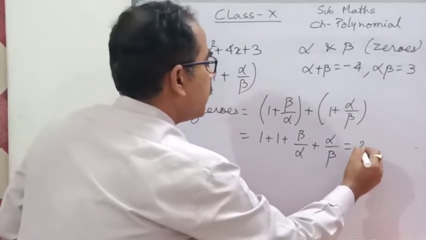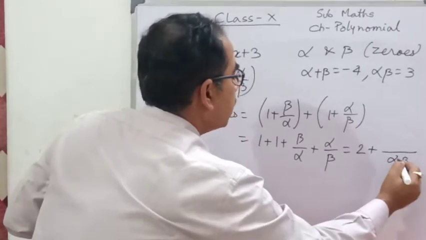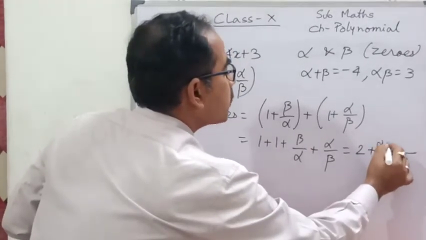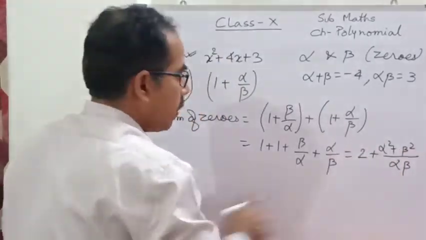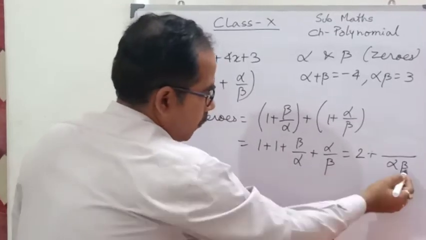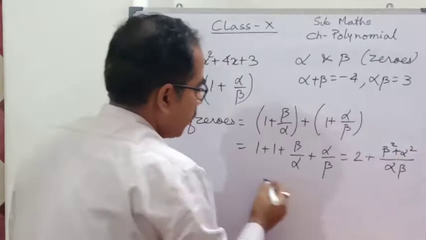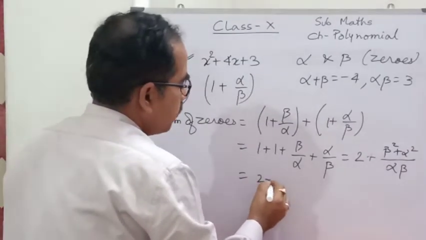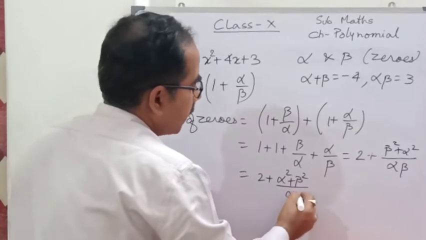If you take the LCM, here you are getting alpha beta, not alpha square beta square, so it is beta square plus alpha square. Directly you can say 2 plus alpha square plus beta square by alpha beta.